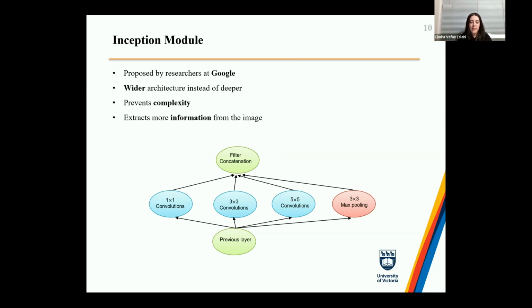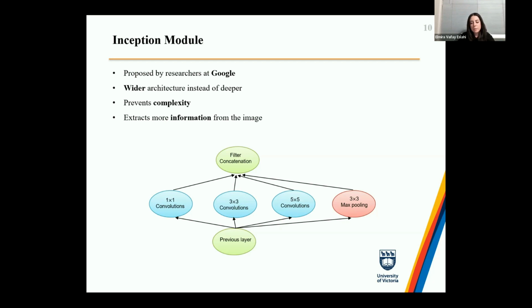Instead, we decided to make each layer wider and wider. The reason for doing this is that it prevents complexity, because complexity causes overfitting. So we decided to integrate an Inception module to prevent the complexity, and also the Inception module extracts more information from the image.